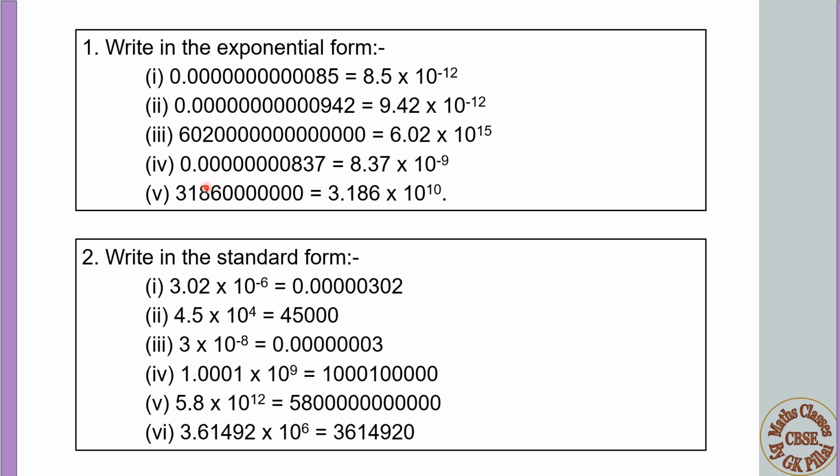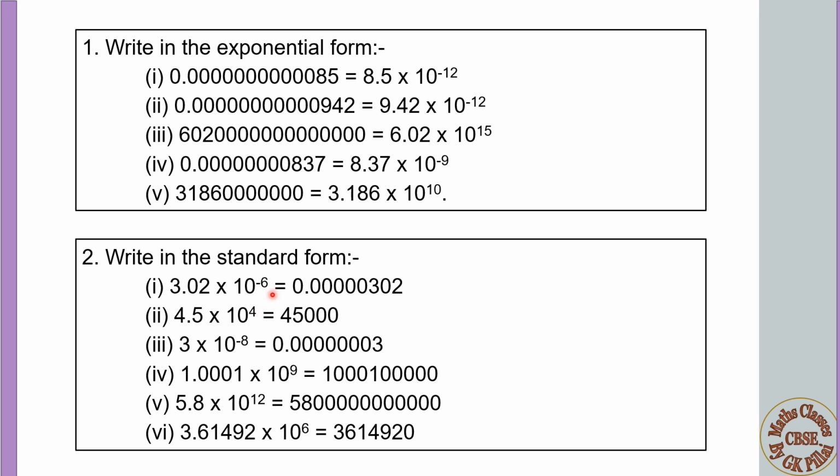The next one will be 8.37 into 10 to the power of minus 9, up to 8 there will be 9 digits. 3.186 up to here into 10 to the power of 10, from here till 1. Standard form. 3.02 into 10 to the power of minus 6.